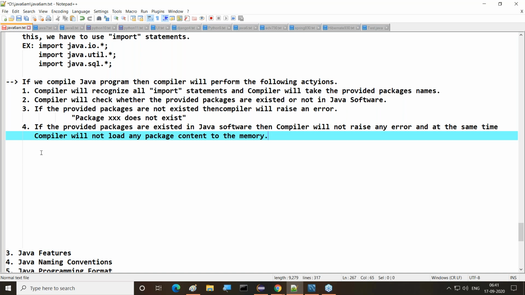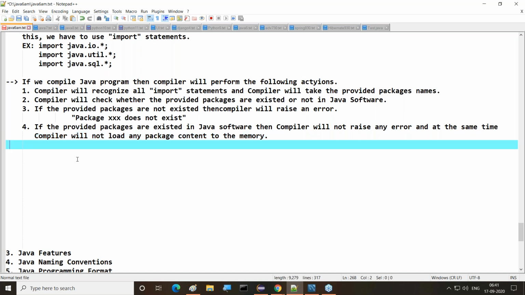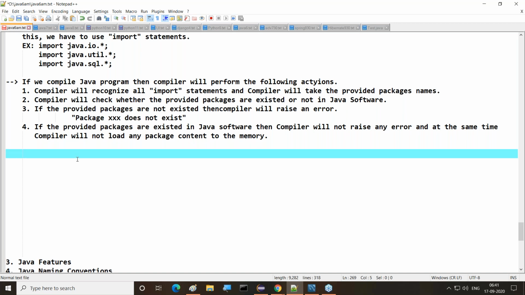Good. Okay, fine. If the compiler is not loading the predefined library to the memory, then who will take the responsibility of loading the predefined library to the memory? Right, I'm giving a note. In Java, at runtime, not at compilation time, at runtime, Java programs are executed by a machine called JVM, Java Virtual Machine.